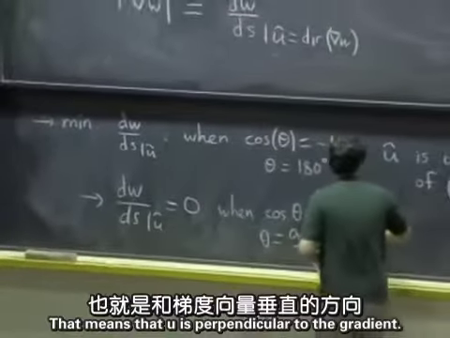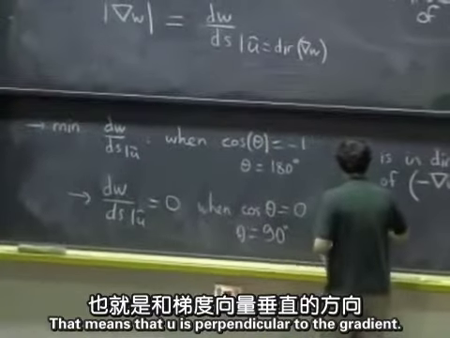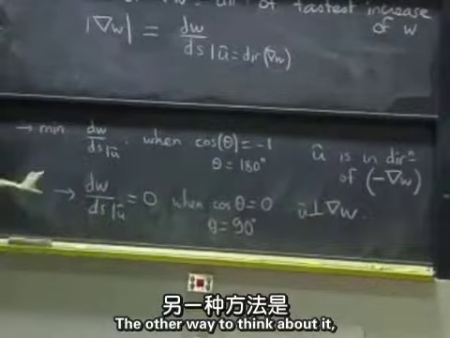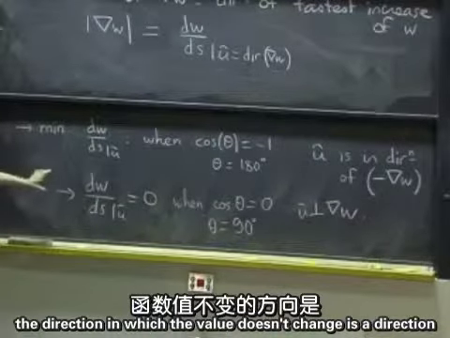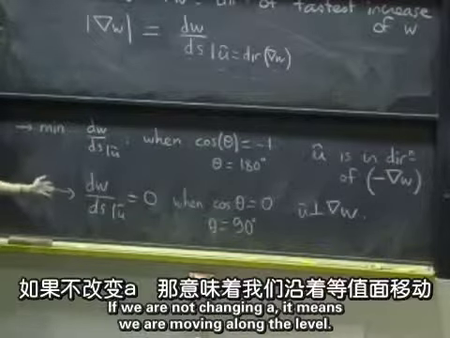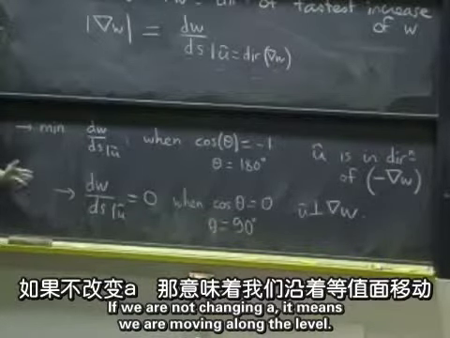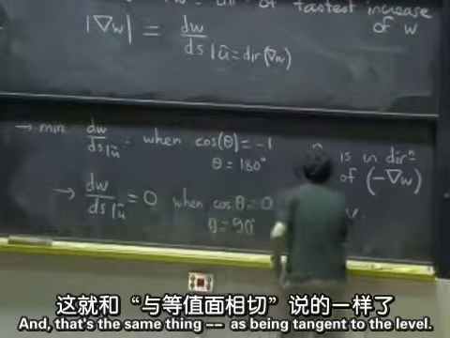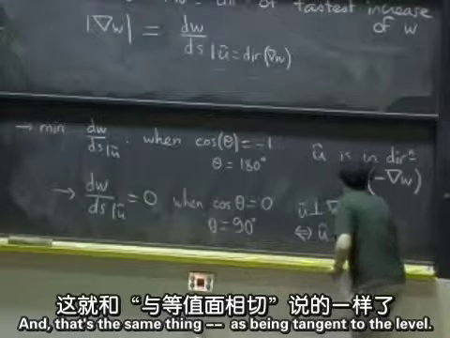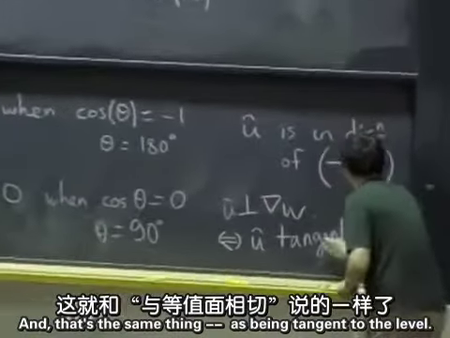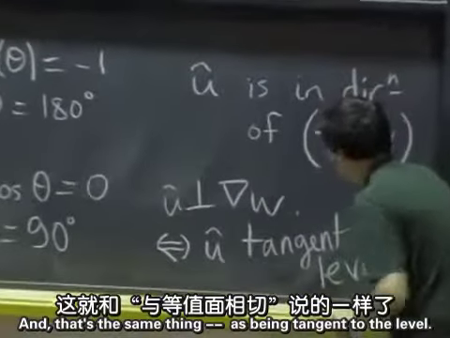That means that u is perpendicular to the gradient. The other way to think about it, a direction in which the value doesn't change, is a direction that's tangent to the level surface. If we are not changing, it means we are moving along the level. And that's the same thing as being tangent to the level.